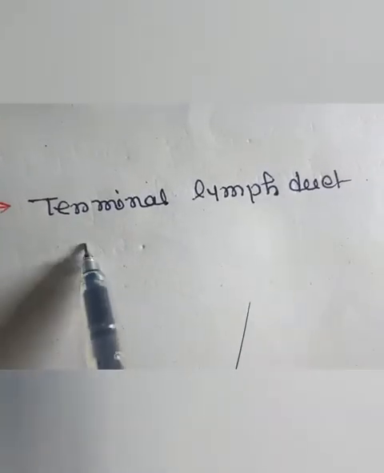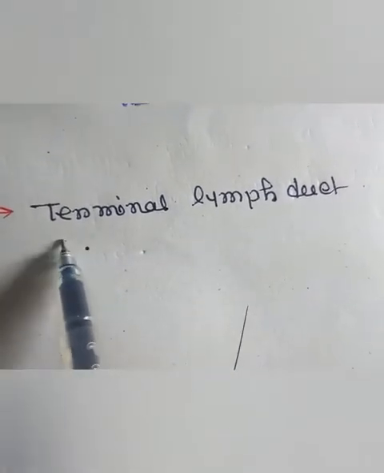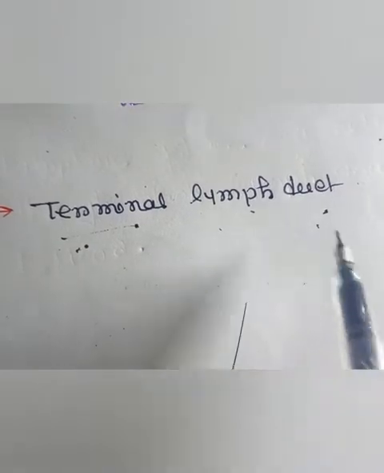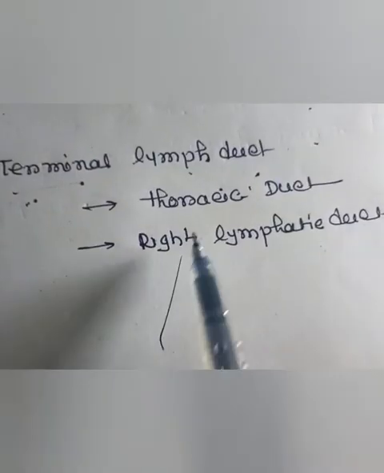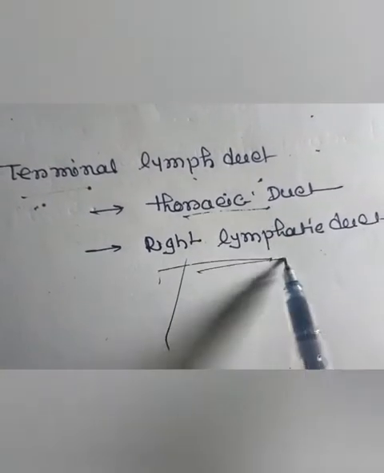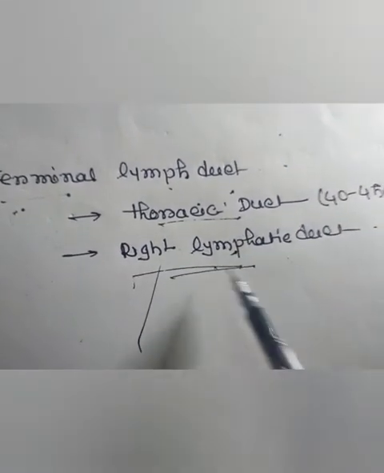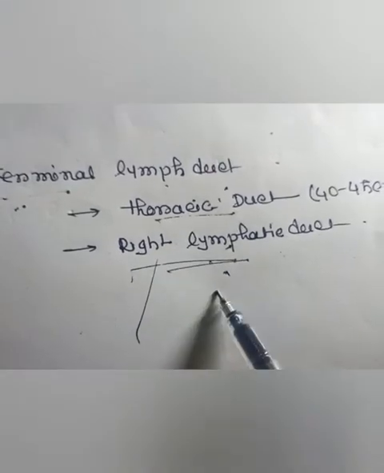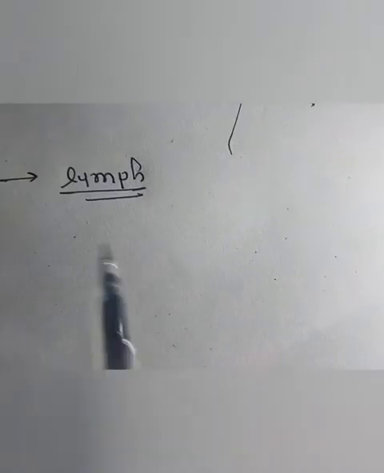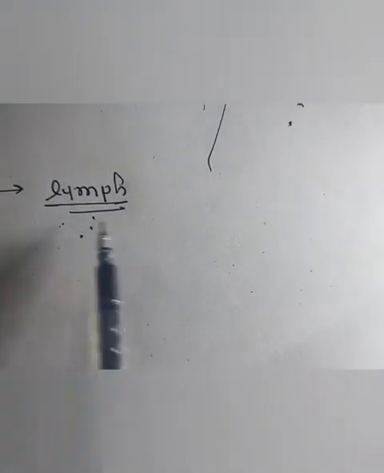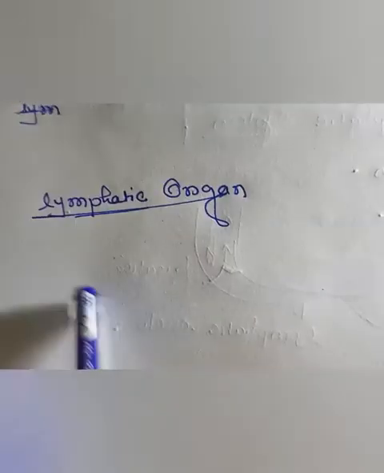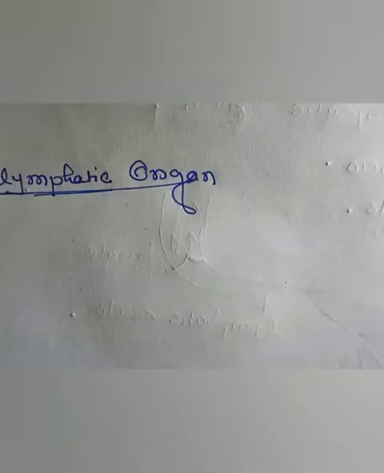The next components of the lymphatic system are the terminal lymph ducts, the thoracic duct and the right lymphatic duct, and these two ducts empty the lymph into the subclavian vein. The next component is the lymphatic organs.